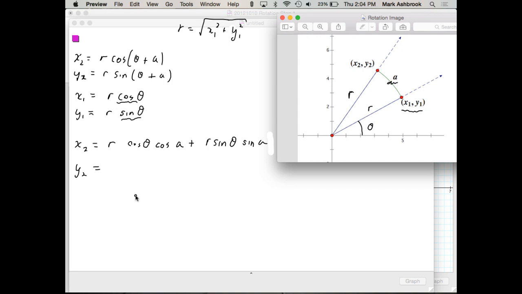Sine of theta cosine A plus cosine of theta sine A. Is that right? Okay. Just make sure before we go any further. Are we in agreement on that? Okay.